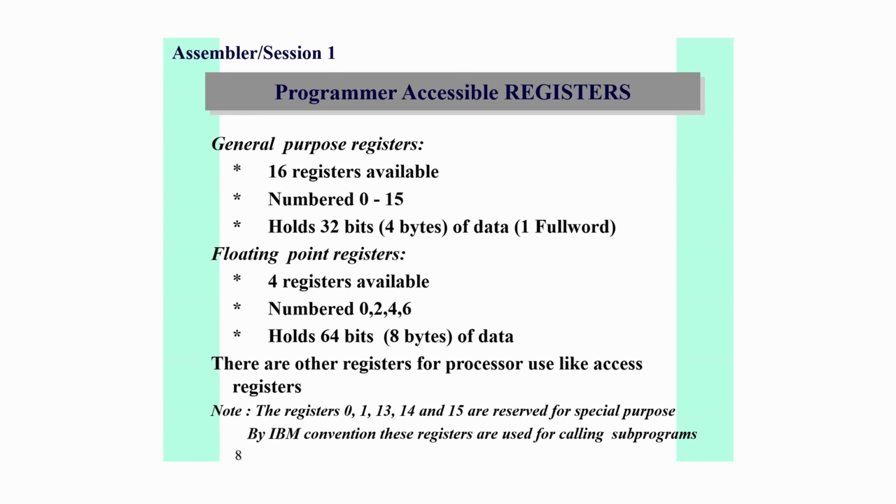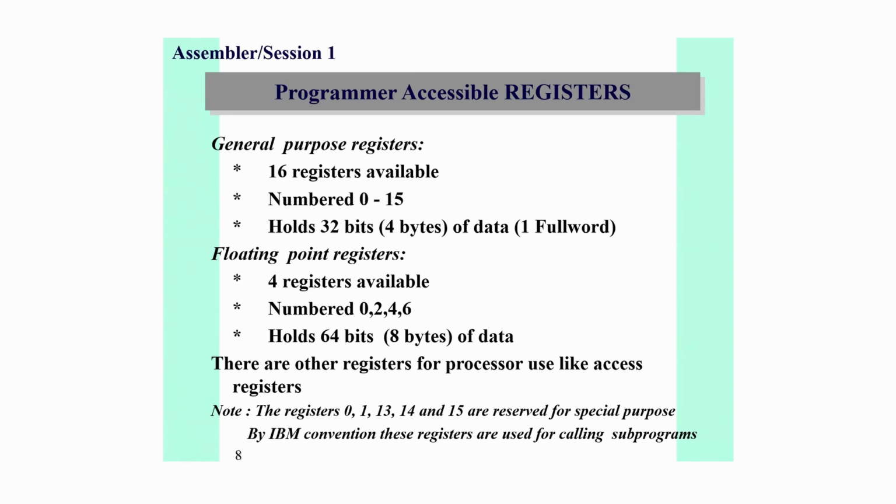You have to remember that the registers are numbered from 0 to 15, and each register will hold 4 bytes of data. So that 4 bytes together is called one full word. So at any point of time, your registers can hold 4 bytes of data.